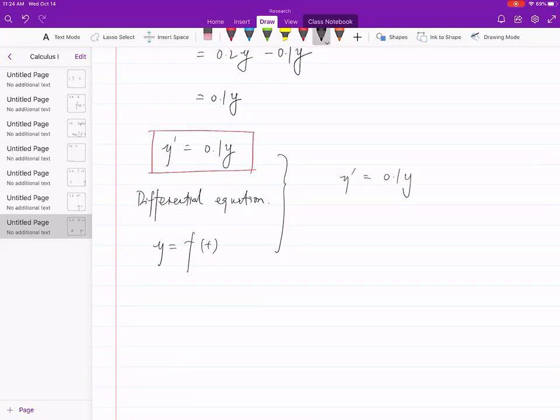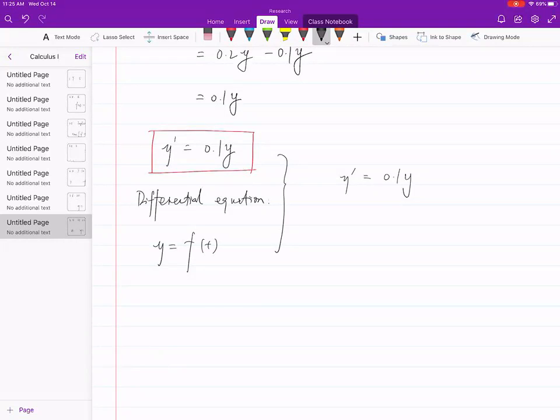Do you know any function that if you take the derivative of it, it's basically itself times a constant? Let me say it again. Do you know a function, if you take the derivative, you basically receive itself times a constant?